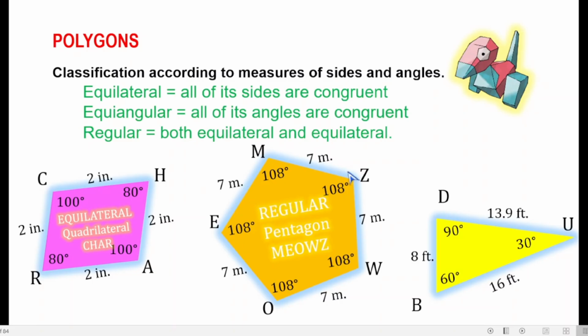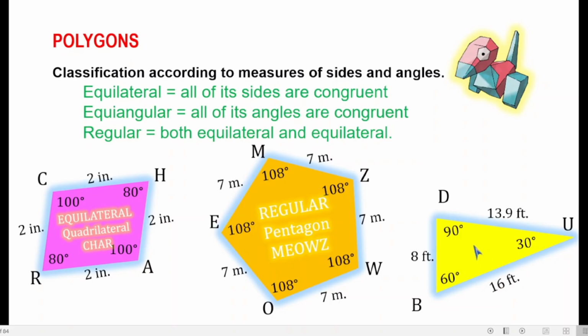As you can see, the sides are the same in measure, 7 meters, and the angles are the same in measure, 108 degrees. So that is equilateral and equiangular at the same time. So this is called regular, a pentagon with 5 sides. And the name MEOWZ, we started with M and went around consecutively.